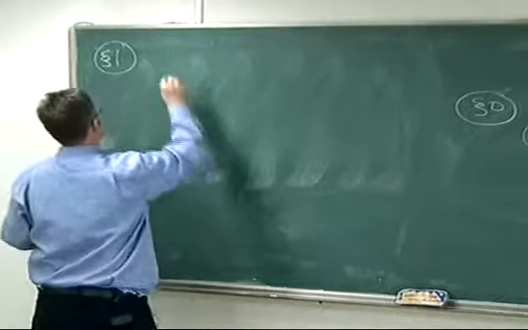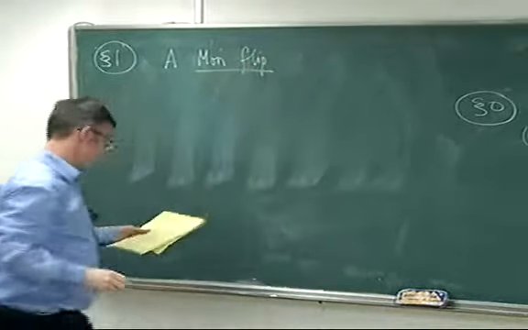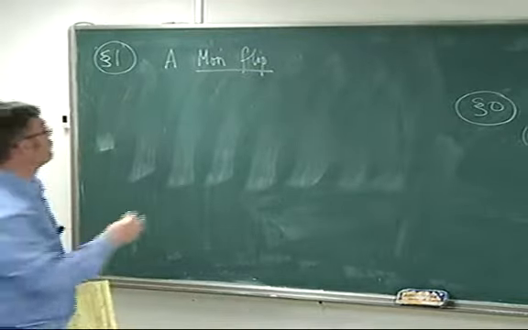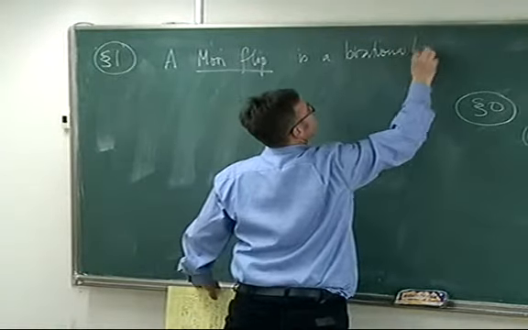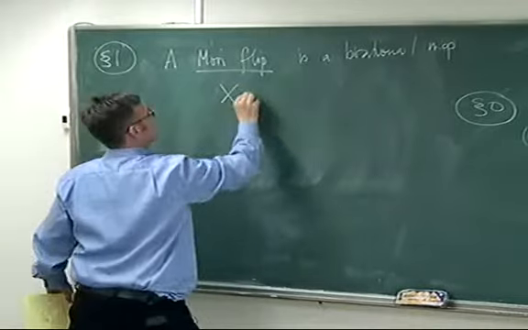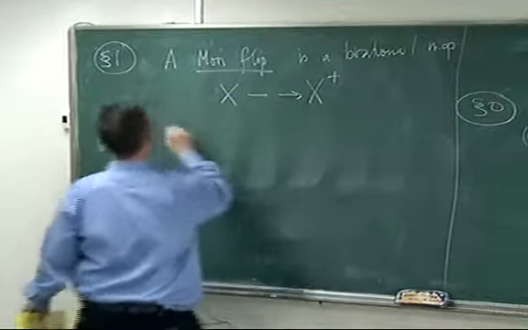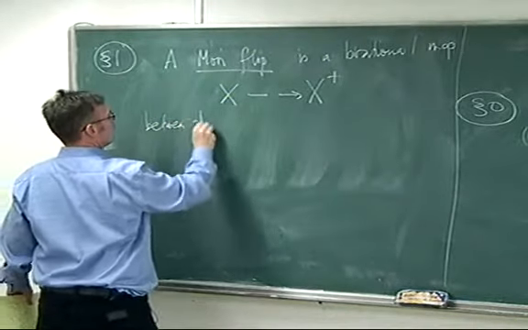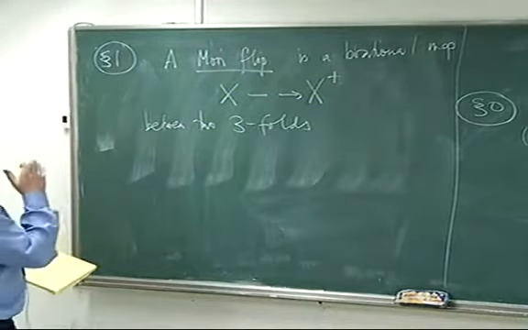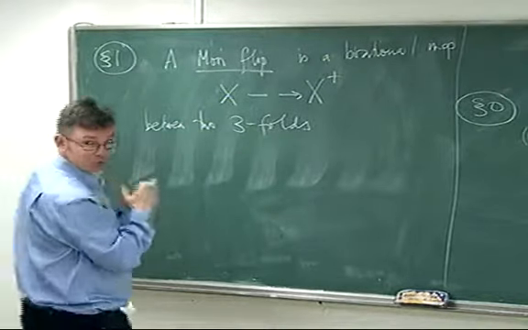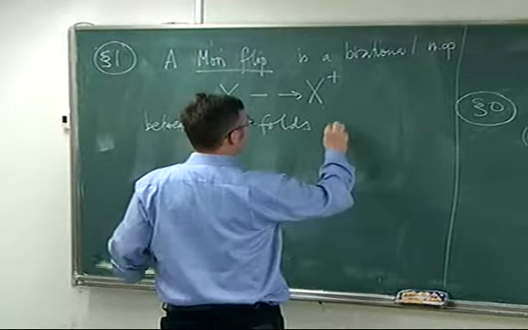I'll slightly overstate it, but a toric flip is a birational map x to x plus between two threefolds, which factorizes in a very particular way, which I'm just writing down so that I can tell you a whole bunch of data to do with this map, a whole bunch of conditions on this map.